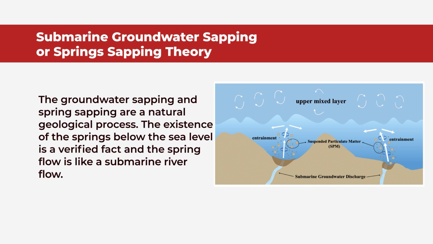The groundwater sapping and spring sapping are a natural geological process. The existence of the springs below the sea level is a verified fact. There are many such springs. And the spring flow is like a submarine river flow. And this submarine river flow results in the formation of submarine canyons over the period of time.